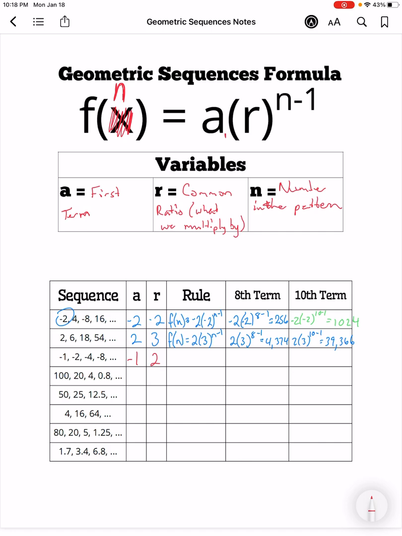So again, f of n equals -1 times 2 to the n minus 1. So -1 times 2 to the 8 minus 1 would be -128.